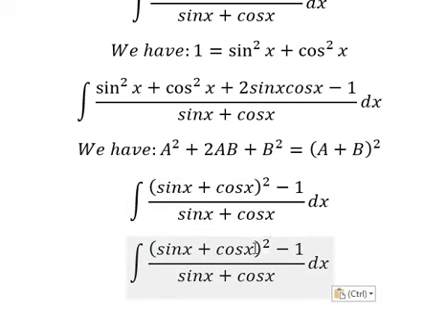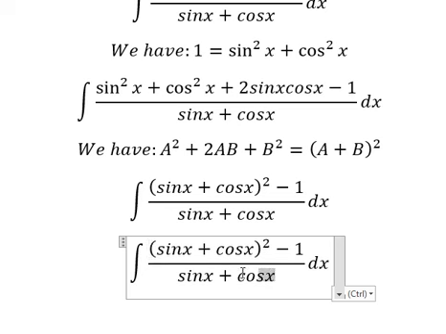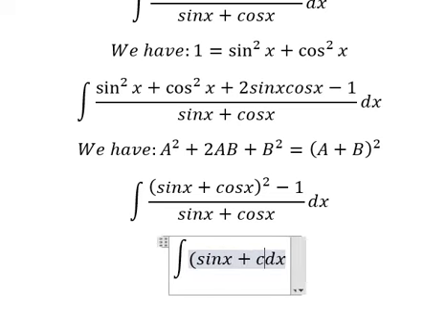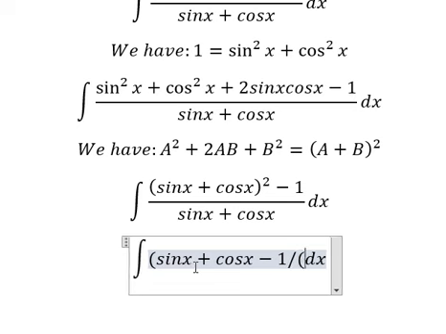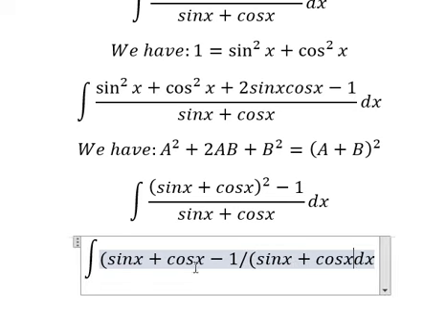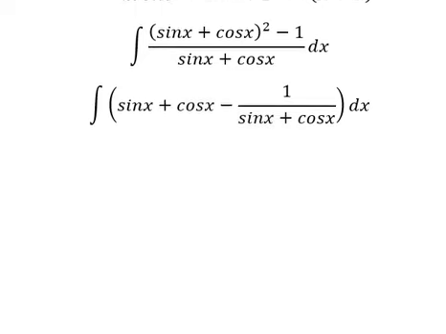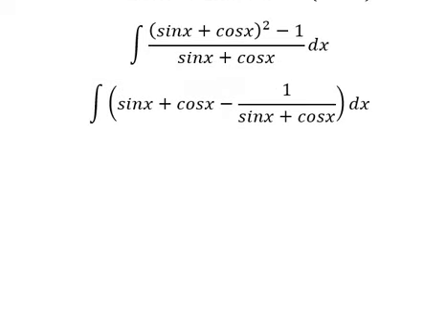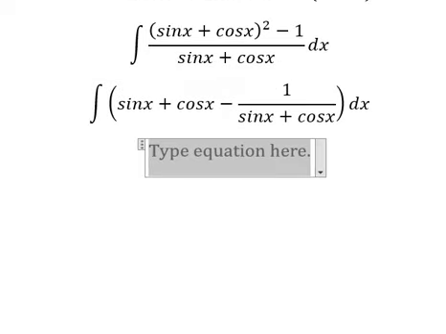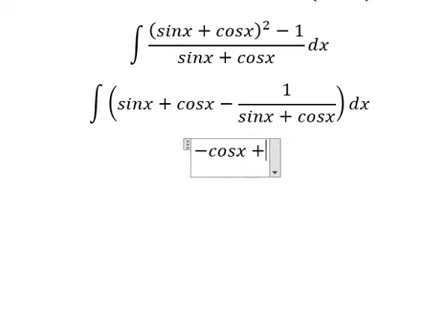So we put this one divided by this one. So the integration of sin x is negative cos x. This one is sin x.